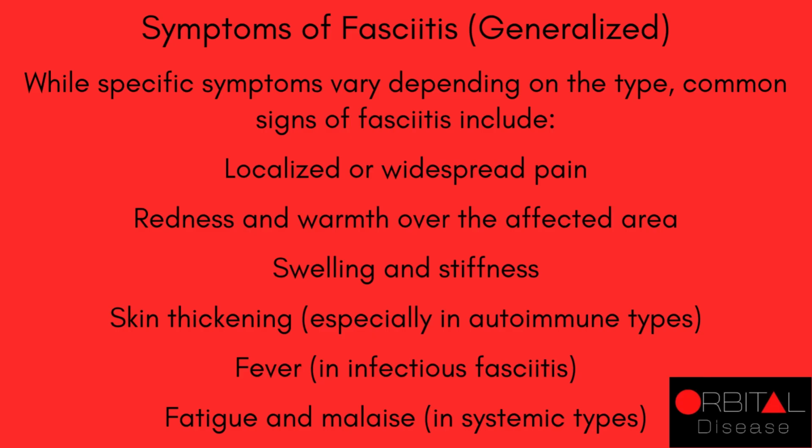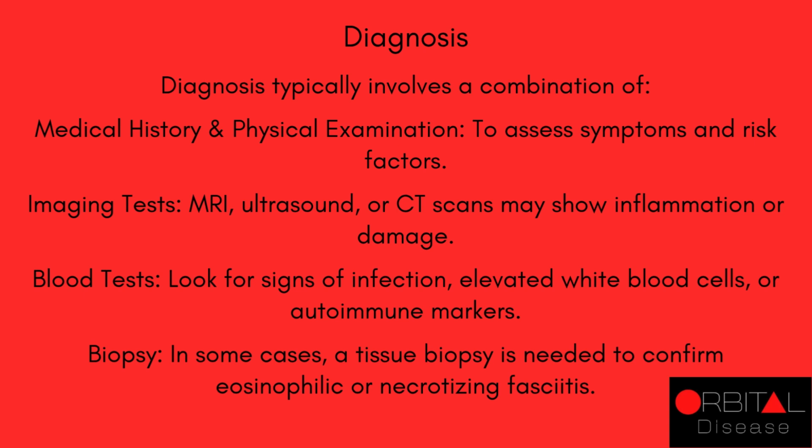While specific symptoms vary depending on the type, common signs of fasciitis include localized or widespread pain, redness and warmth over the affected area, swelling and stiffness, skin thickening, especially in autoimmune types, fever in infectious fasciitis, fatigue and malaise in systemic types.